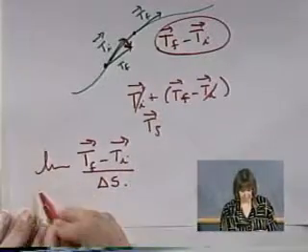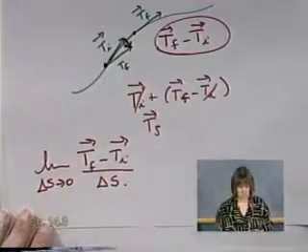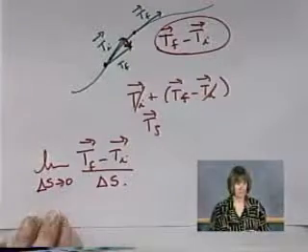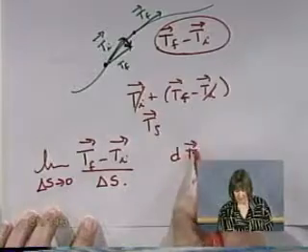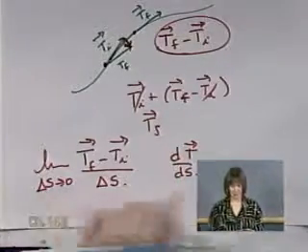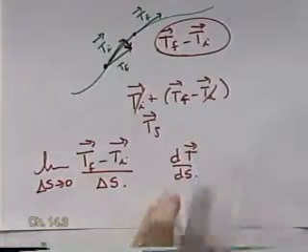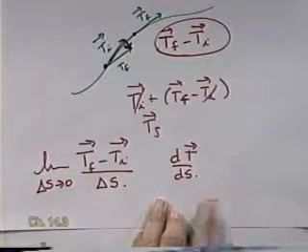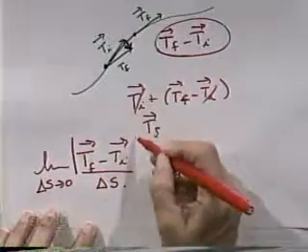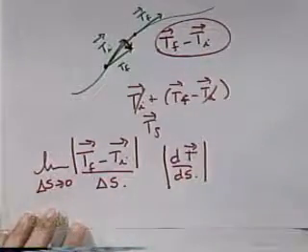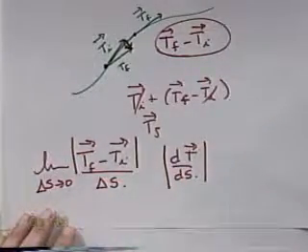And I take the limit as delta s goes to 0, what's that giving me? That's giving me dT/ds. But that's a vector. Do I really want to deal with a vector? No, I want to deal with a number to measure curvature. So why don't we take the magnitude of this?